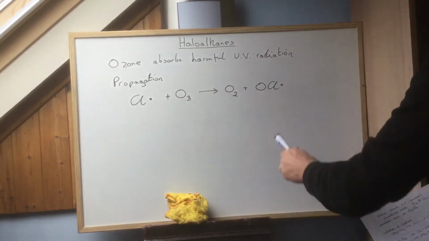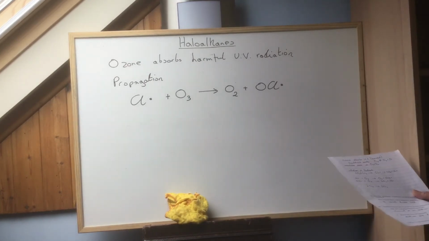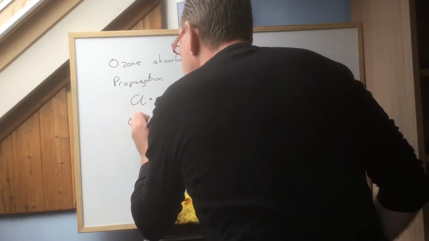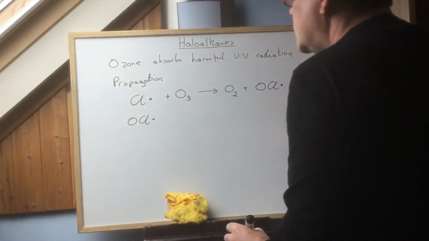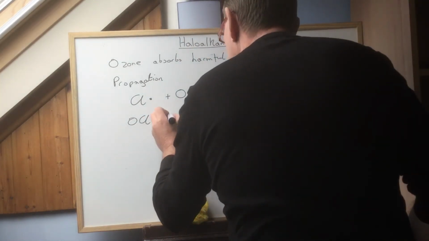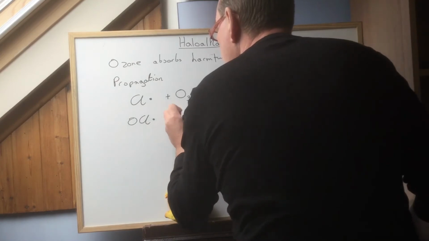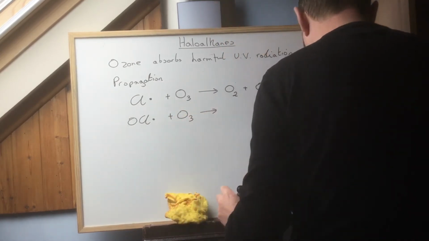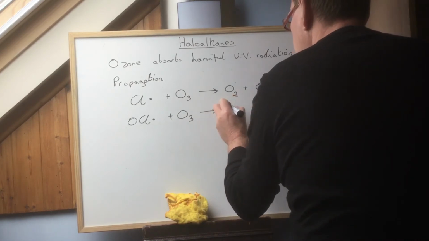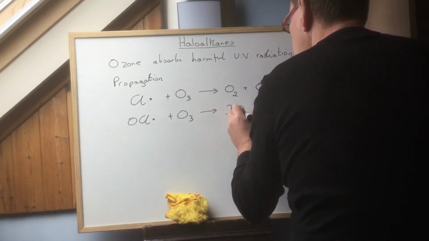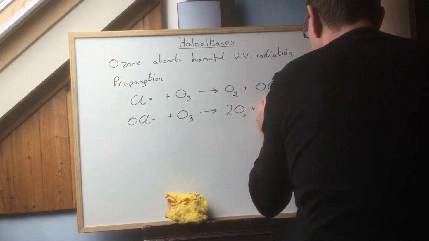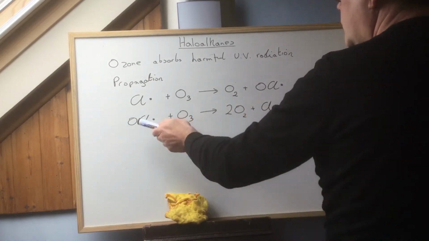There, learn that. Okay, now the intermediate free radical here, so this is the second propagation step, will bang into another ozone molecule to make 2O2. Looks complicated, and regenerating a chlorine free radical.